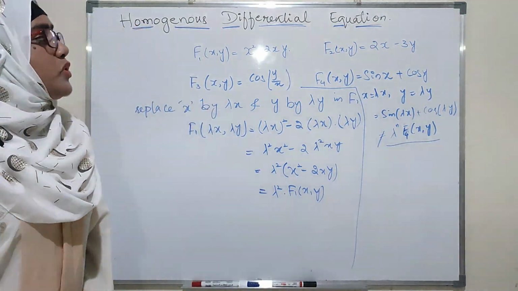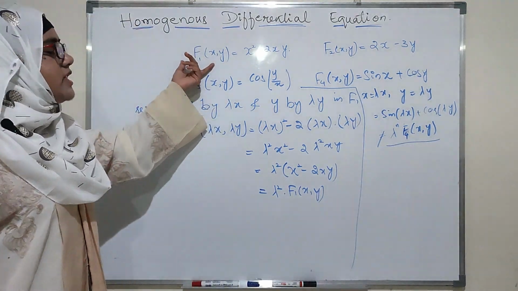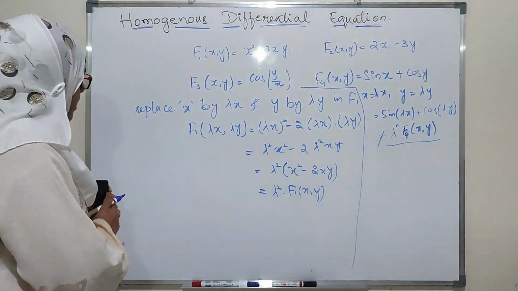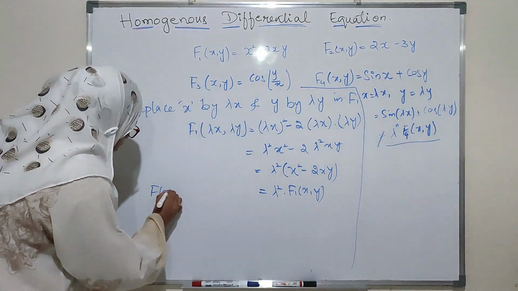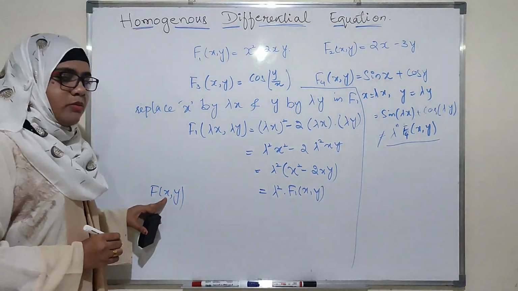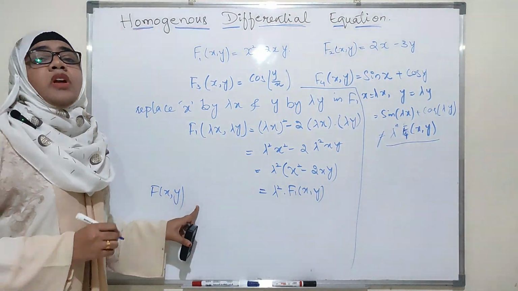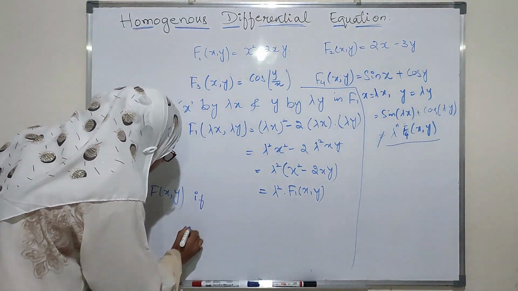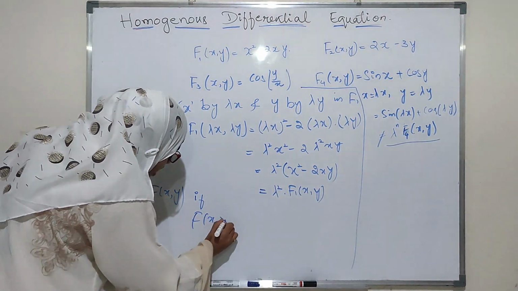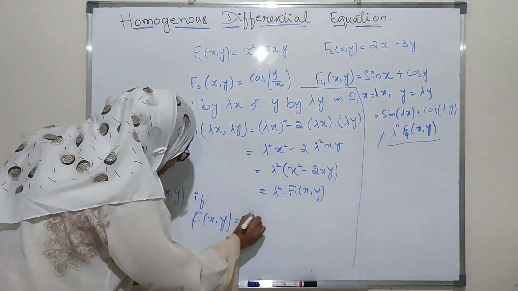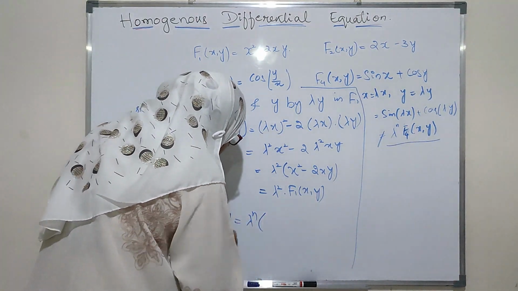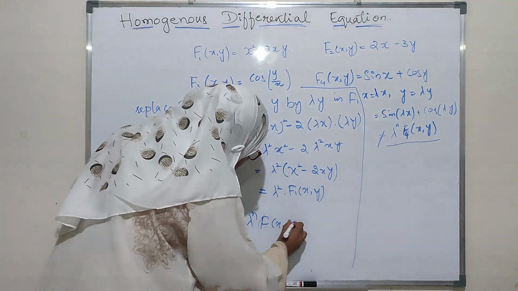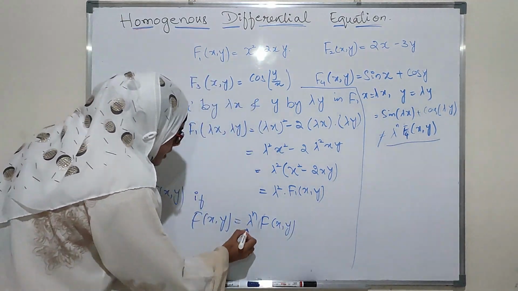So what is a homogeneous function? A function f of x comma y is said to be homogeneous of degree n if f of lambda x comma lambda y is equal to lambda raised to the power n times f of x comma y, for any non-zero number lambda.